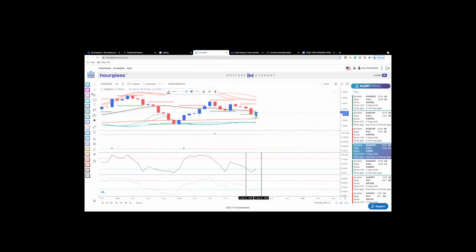There's the cross up, cross up, cross up. Euro JPY was a good shorting opportunity. This was a good buying.